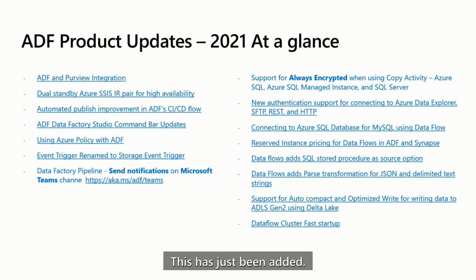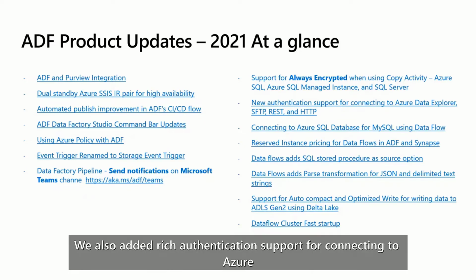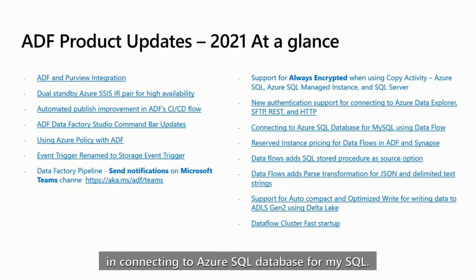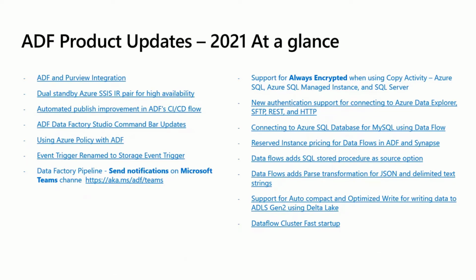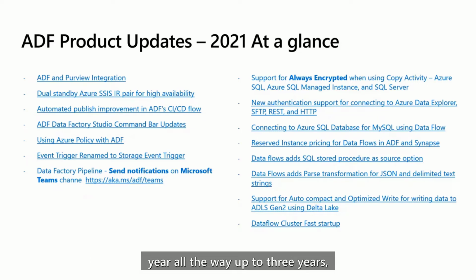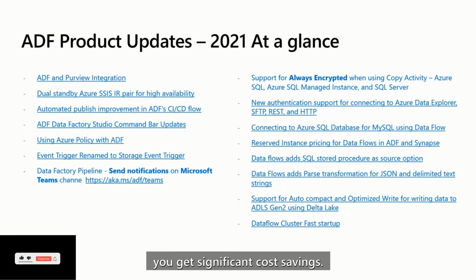We also added rich authentication support for connecting to Azure Data Explorer, SFTP, REST, and HTTP. Now, we continue making significant progress in connecting to Azure SQL database for MySQL. And in order to make sure that you have the best cost saving, we introduced reserved instance pricing for data flow. And so if you have reserved instance pricing for 1 year all the way up to 3 years, you get significant cost saving.